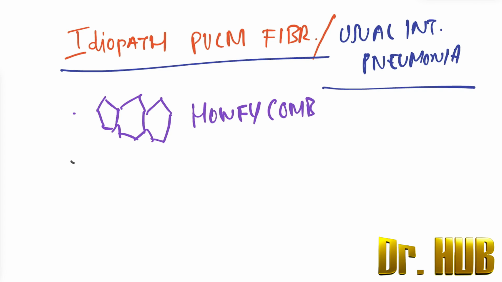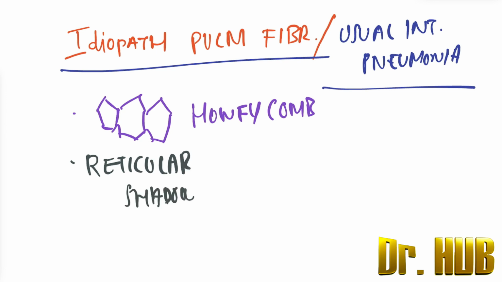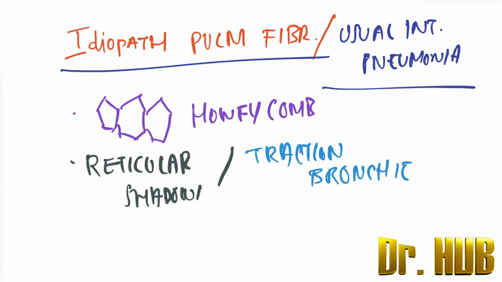There is the presence of reticular shadows. There is traction bronchiectasis, as well as complete loss of the lung architecture.